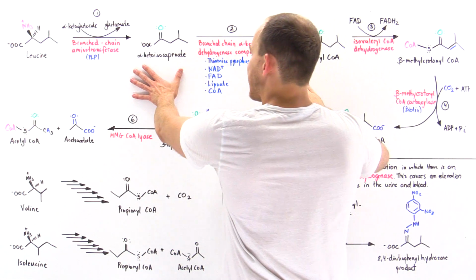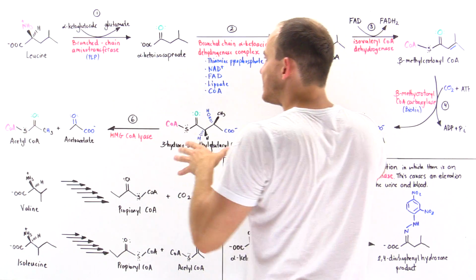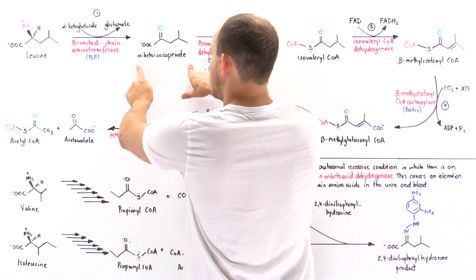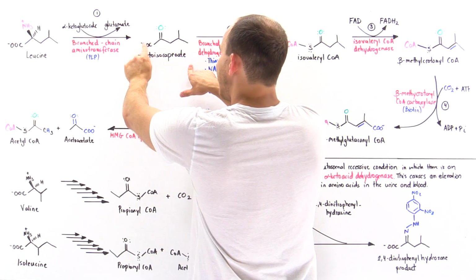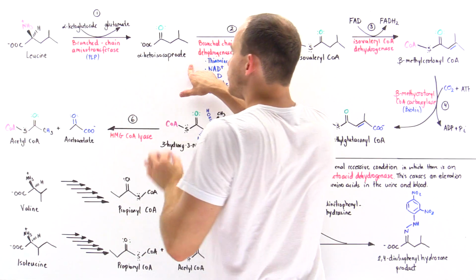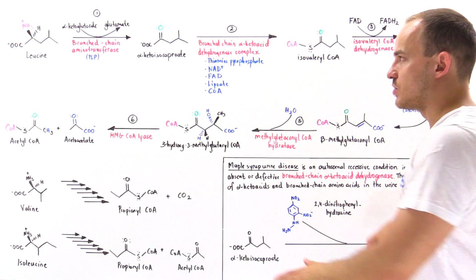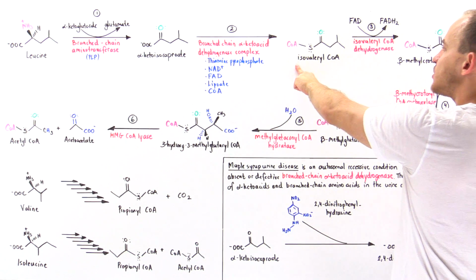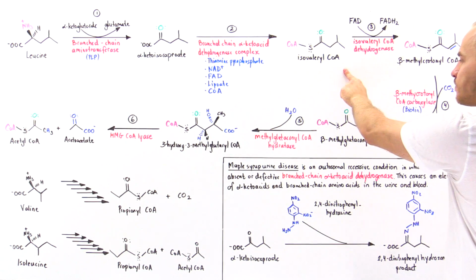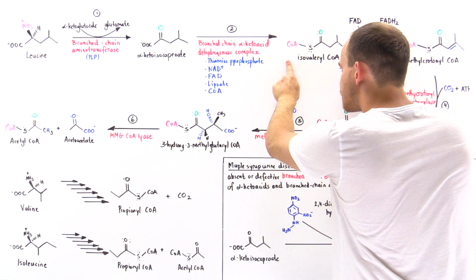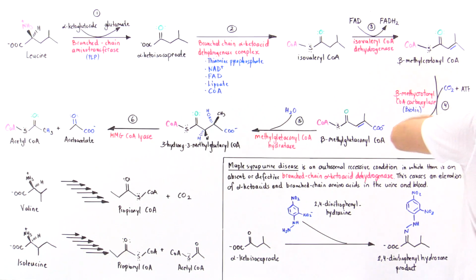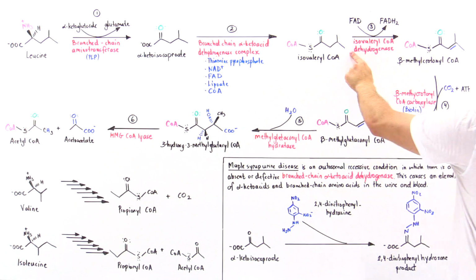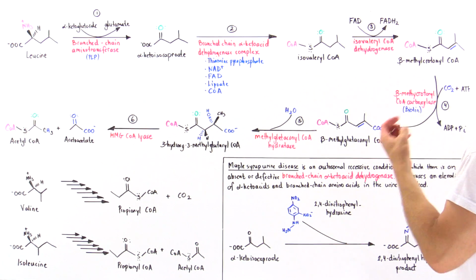And so what this enzyme does is it basically oxidatively decarboxylates this molecule. It takes off this carbon dioxide and replaces it with a coenzyme A molecule. So we form a coenzyme A intermediate known as isovaleryl coenzyme A. Now, once we form this, next we have a dehydrogenation step, and the enzyme that catalyzes this is isovaleryl coenzyme A dehydrogenase.